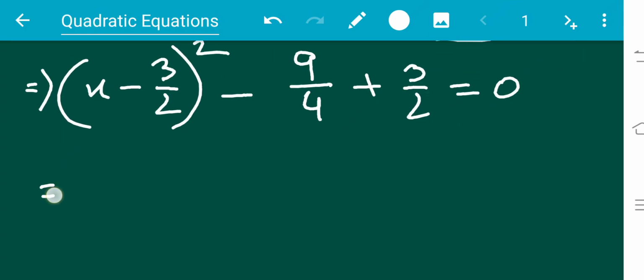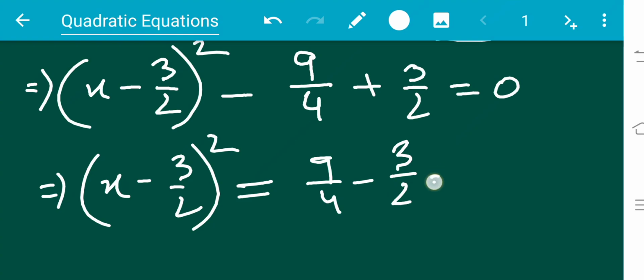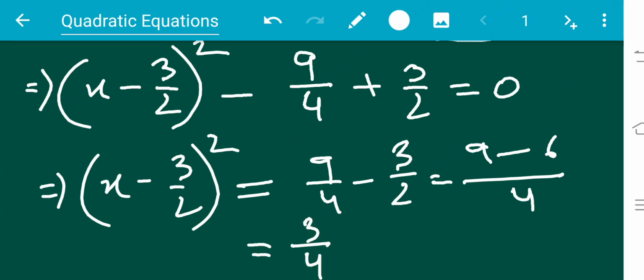This implies x minus 3 by 2 whole square equals 9 by 4 minus 3 by 2. So 9 minus 6 over 4 is nothing but 3 by 4.